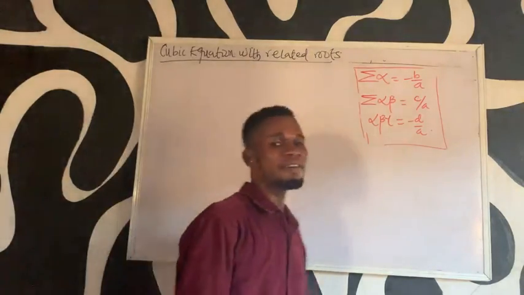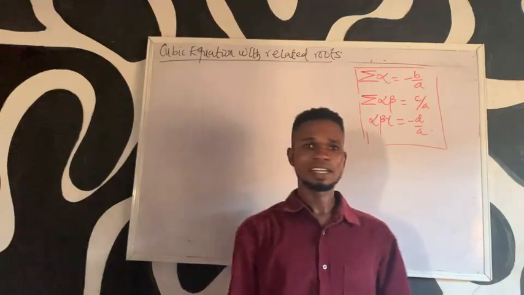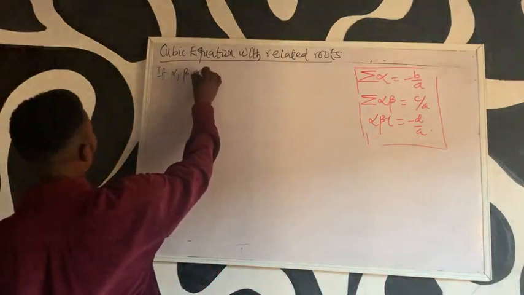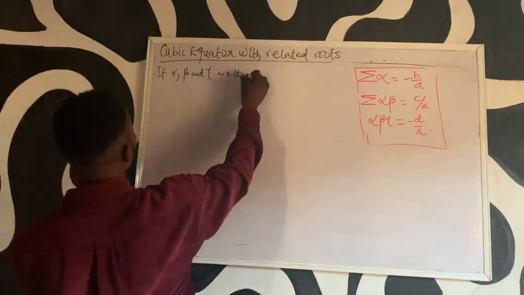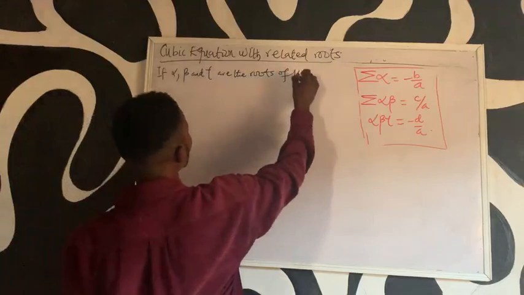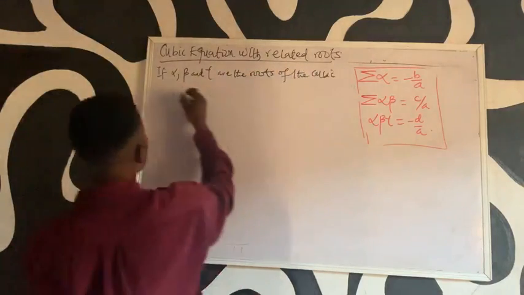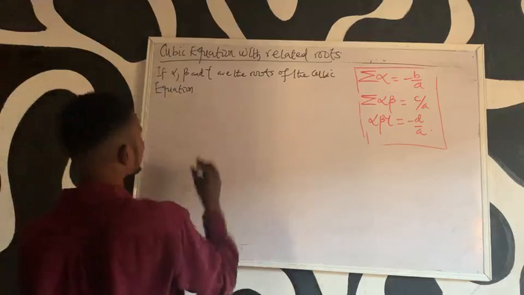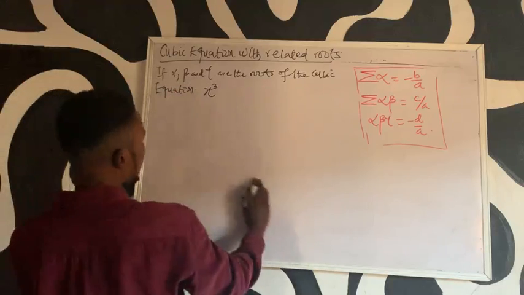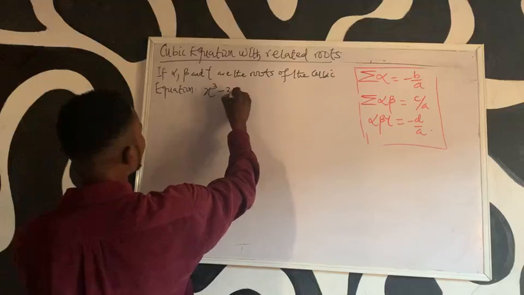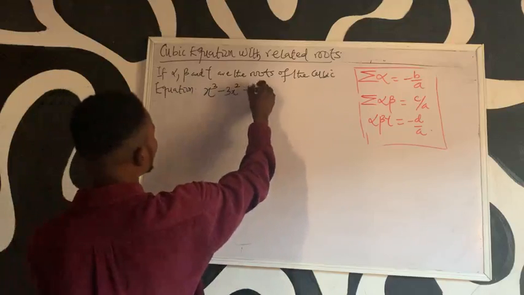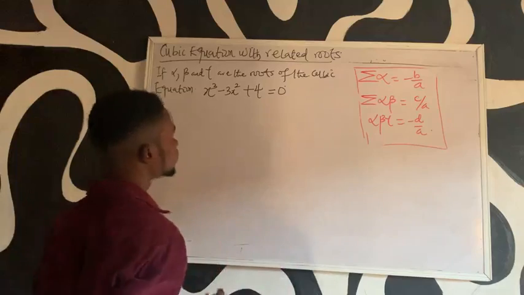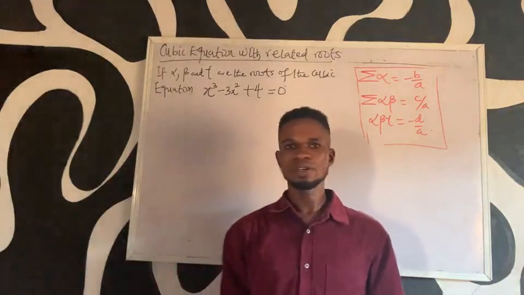Now, let's say alpha, beta, and gamma are the roots of the cubic equation x cubed minus 3x squared plus 4 equal to 0.